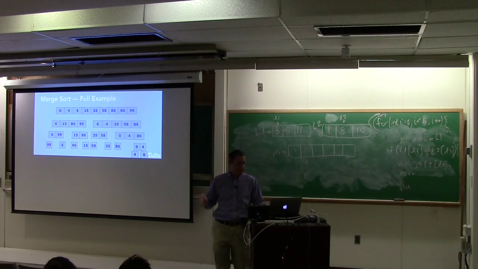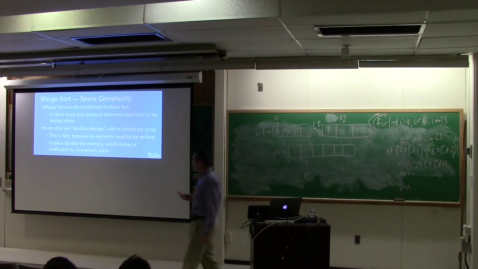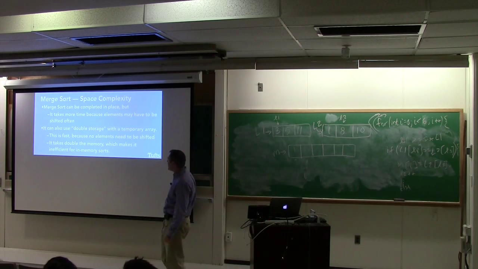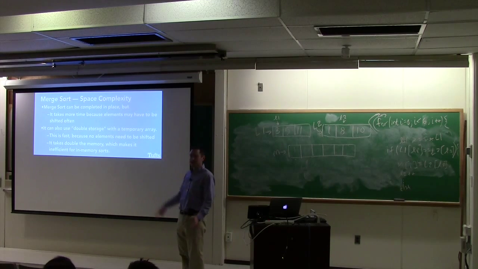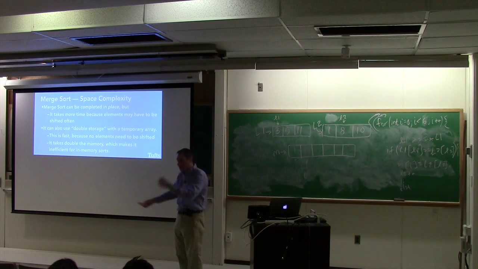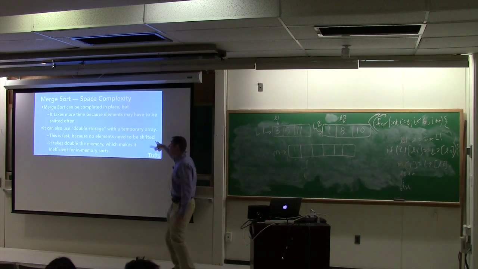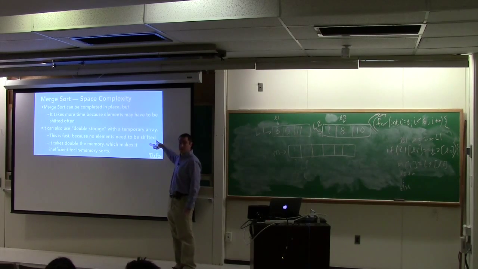Now here are some more details about it. We already talked about that. It can be completed in place. It uses double storage. This is if you do it correctly, where you don't create a new array and another new array. You can actually do it so that you only use twice as much memory. It's easy to do it without going through that. But it's fast. You don't need to shift any elements. Remember, insertion sort had lots of shifting back and forth.